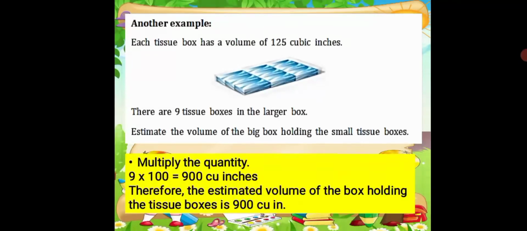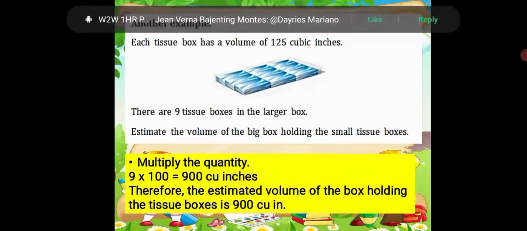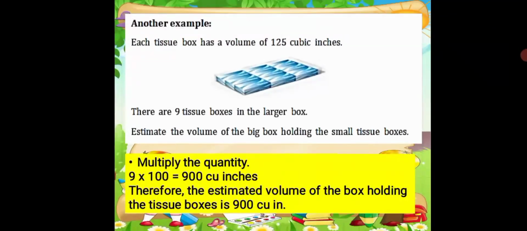So multiply the quantity. 9 is the quantity, then 125 rounds to 100, so the product is 900 cubic inches. Therefore, the estimated volume of the box holding the tissue boxes is 900 cubic inches.